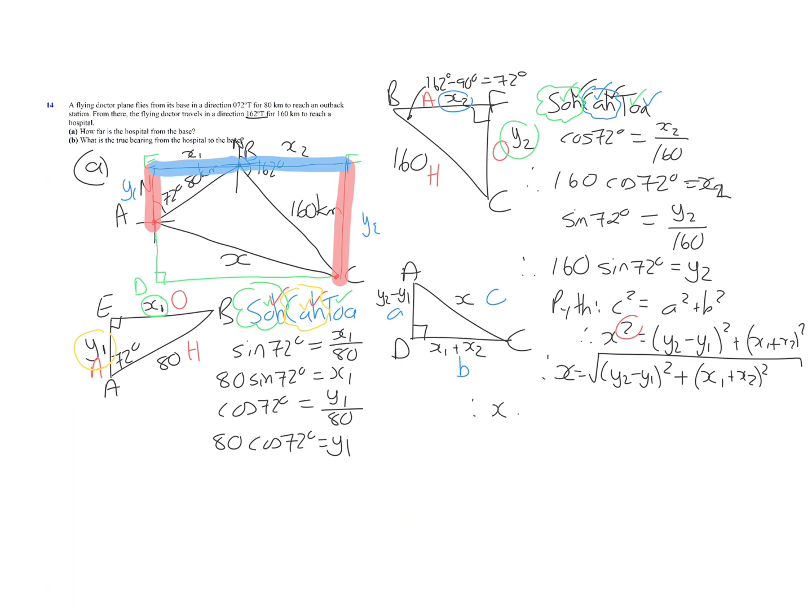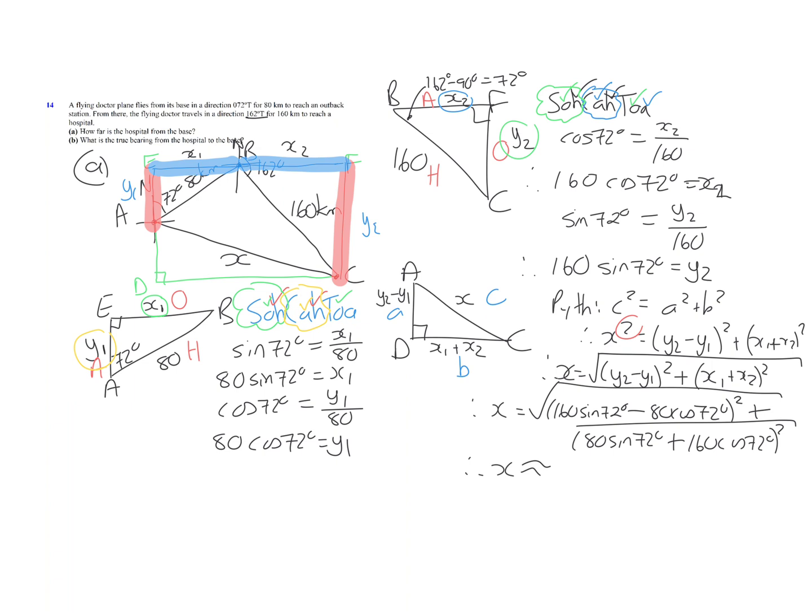Now just put everything into your calculator. y2 is 160 sine 72 degrees minus y1, which is 80 cos 72 degrees, squared, plus then x1 is 80 sine 72 degrees, and that is x1 plus x2, which is 160 cos 72 degrees, close bracket squared, and a square root goes over all of that.